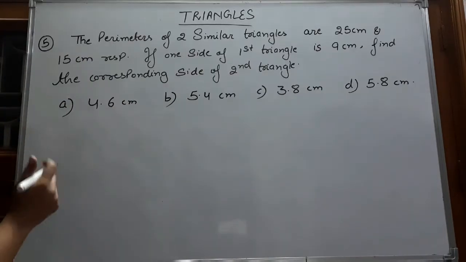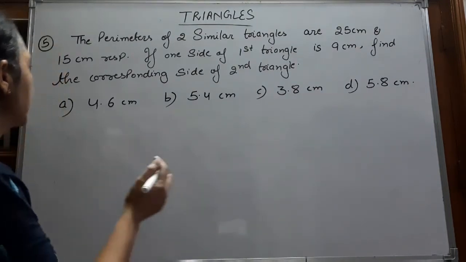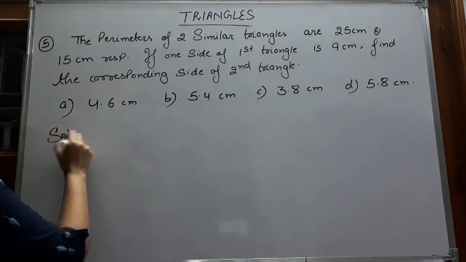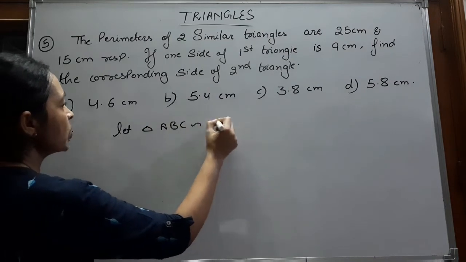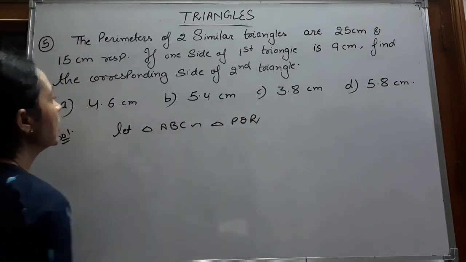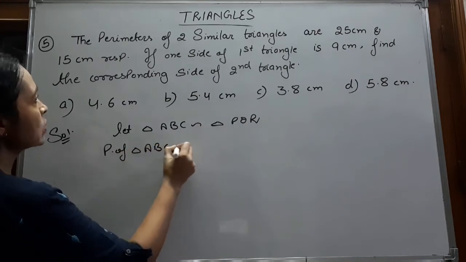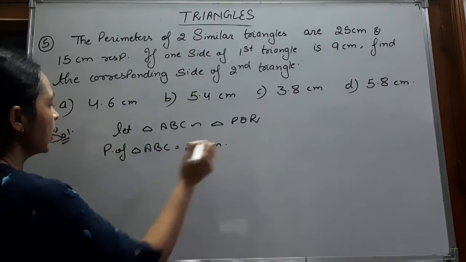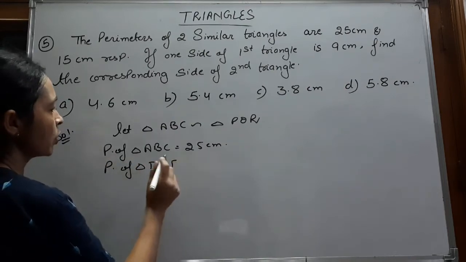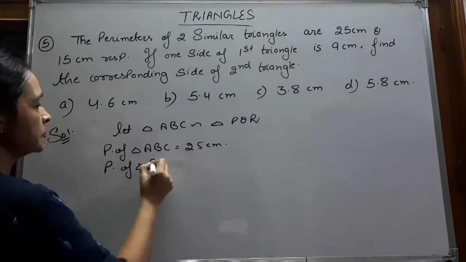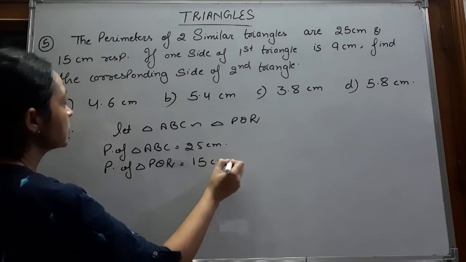Perimeters of two similar triangles are 25 centimeters and 15 centimeters respectively. We have two similar triangles. Let triangle ABC be similar to triangle PQR. The perimeter of triangle ABC is 25 centimeters and the perimeter of triangle PQR is 15 centimeters.